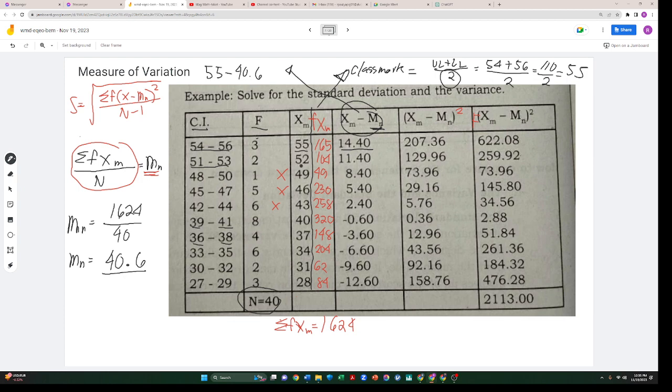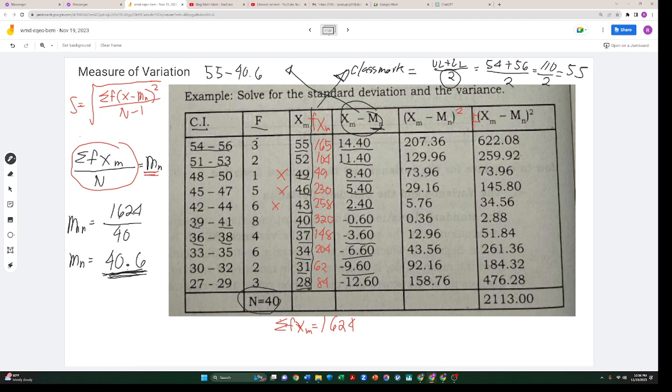So let's do this quickly. 52 minus 40.6 is 11.4. 49 minus the mean is 8.4. 46 minus 40.6 is 5.4. 43 minus 40.6 is 2.4. 40 minus 40.6 is negative 0.6. 37 minus 40.6 is negative 3.6. 34 minus 40.6 is negative 6.6. 31 minus 40.6 is negative 9.6.